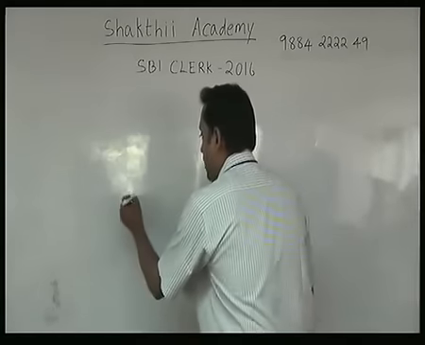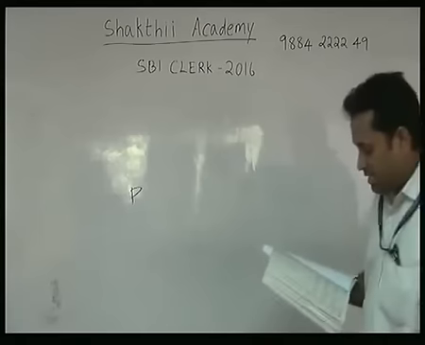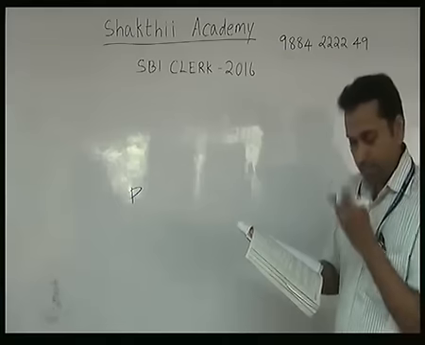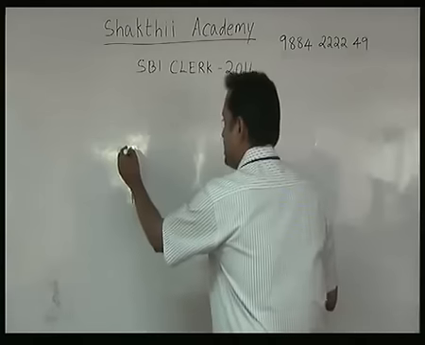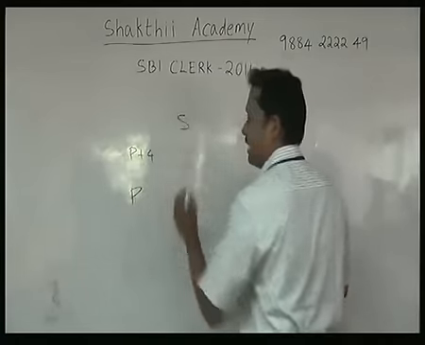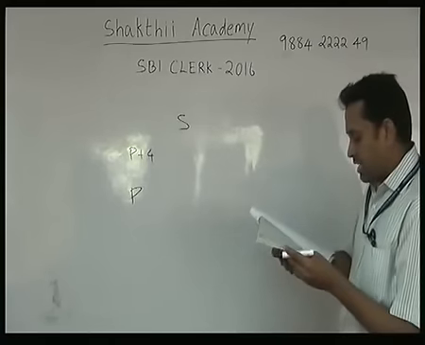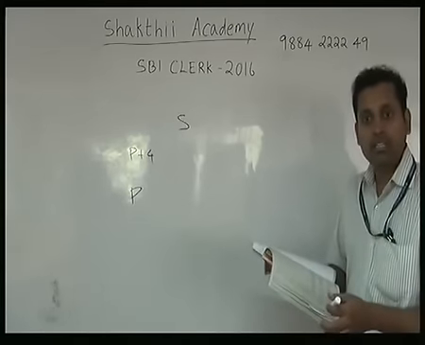Now let's see how I am writing it. Present. It is given: Sonal's age 4 years hence, that is after 4 years, that is present plus 4 years. It is given very clearly. Sonal's age 4 years hence will be equal to Radhika's age 5 years ago.